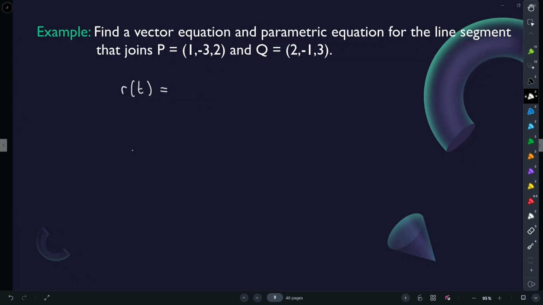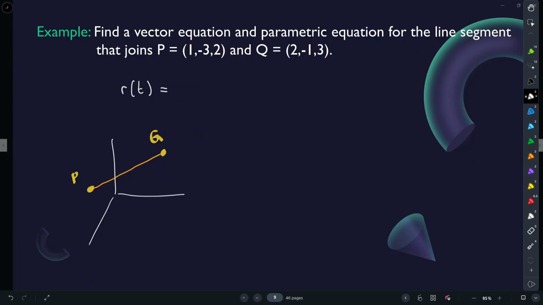Let's sort of draw what's happening here without putting the points in the right places. Suppose I have P and Q, and I want to go from P to Q. Okay, I want to start from P at time 0 and then go to Q.